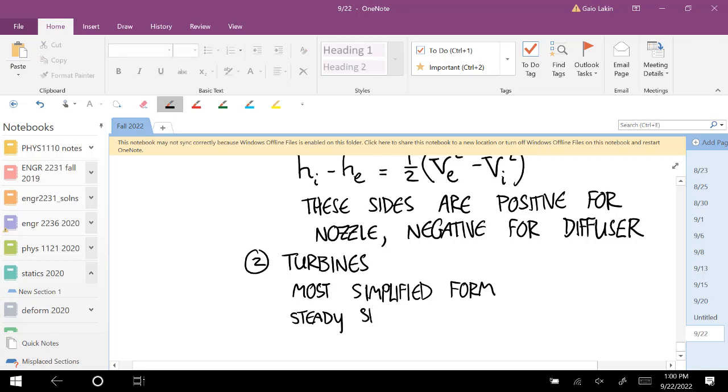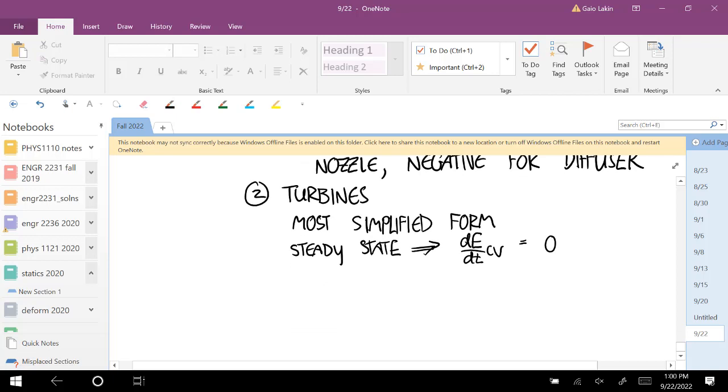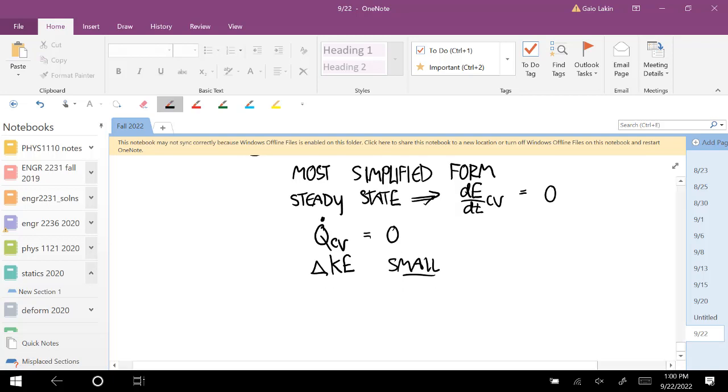it's steady state. And so dE dt is 0. There's no heat transfer. The change in kinetic energy, there is some, but it's small compared to the other stuff. And there's no change in potential energy.